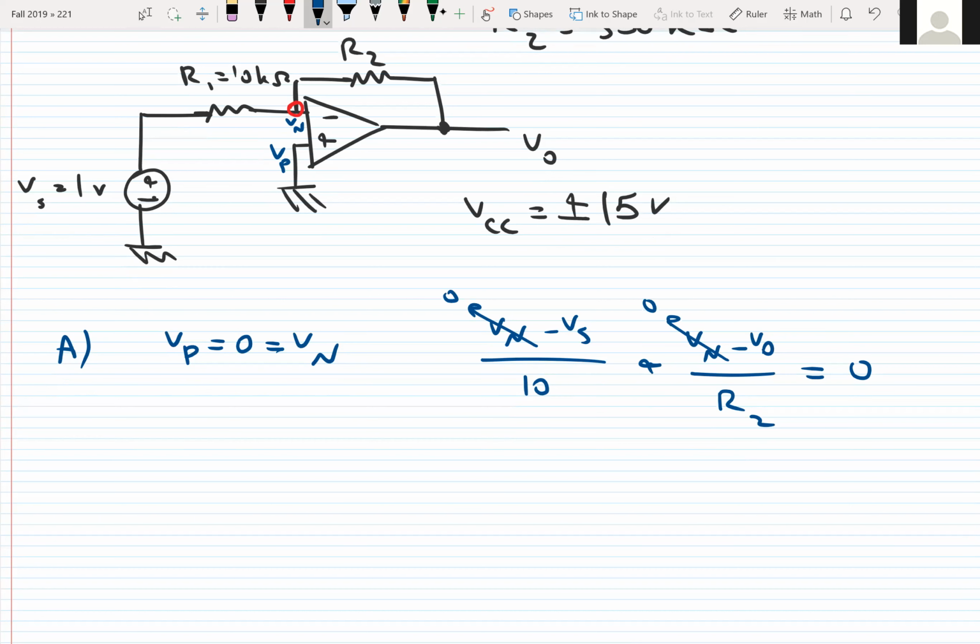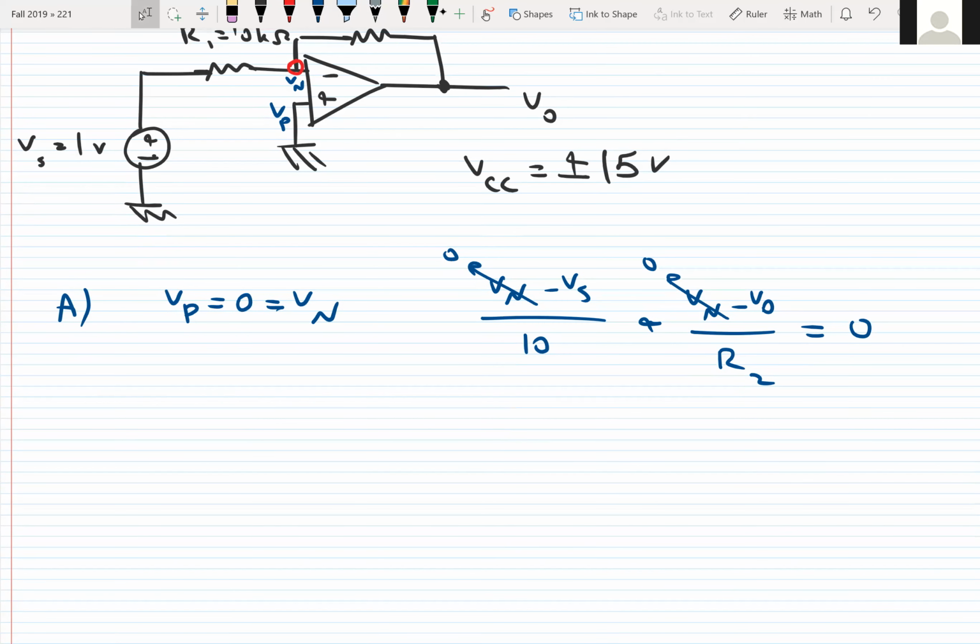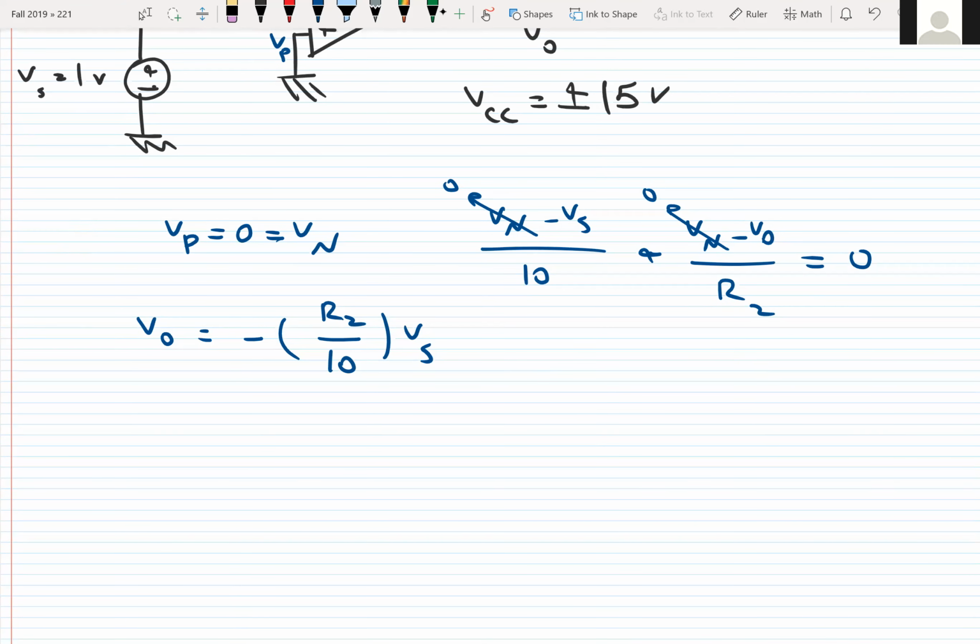As a result, Vo is equal to negative R2 over 10 Vs. Okay, so part A, R2 is equal to 10 kilo ohm. Was it 10?